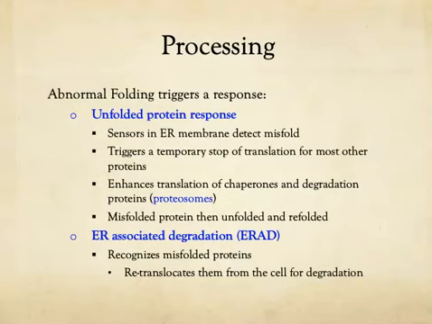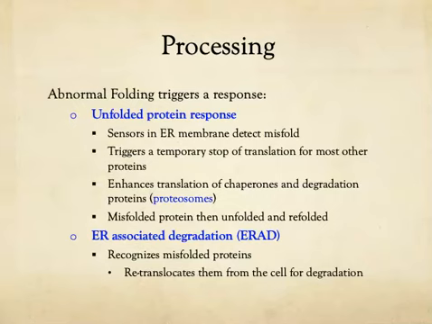Now, you might ask yourself, well, why doesn't the BIP just let go and rebind and fix that fold? Well, part of the reason is because we may need additional BIP proteins at this moment to do that important work.